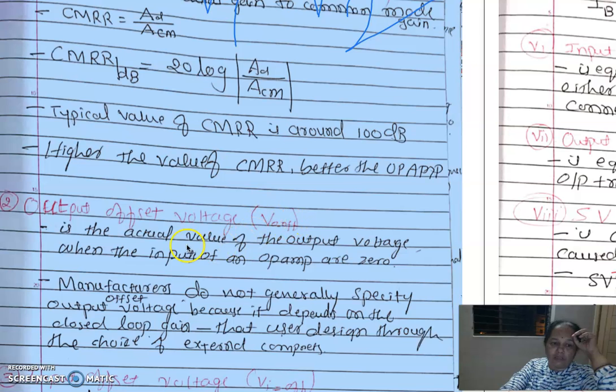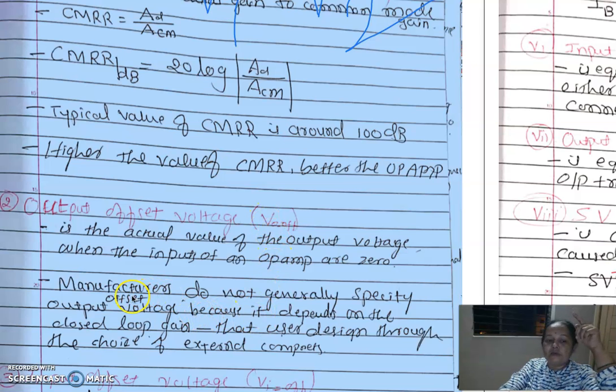Next parameter, output offset voltage. It is the actual value of the output voltage when the inputs of the op-amp are 0. Assume that both the inputs of the op-amp are 0. At that time, what would be the output? We say the output should be 0, but practically some output is available. Ideally the output should be 0, but there is some output voltage available even if the inputs are 0. That is why the output when the inputs are 0 is referred to as output offset voltage.